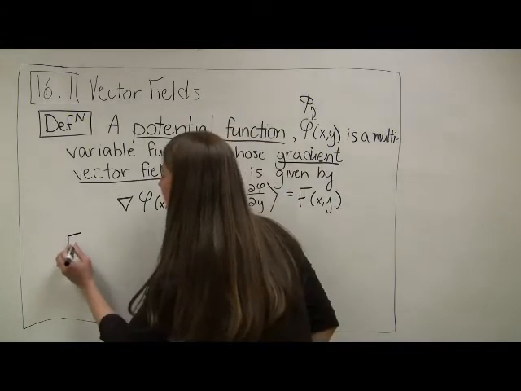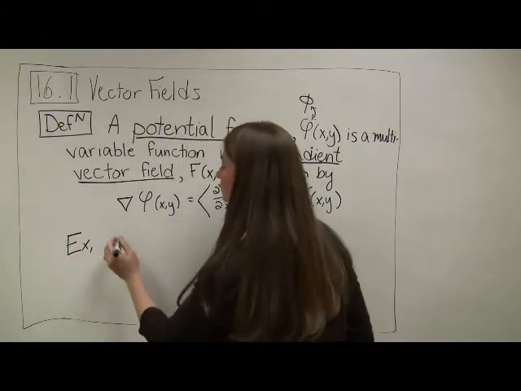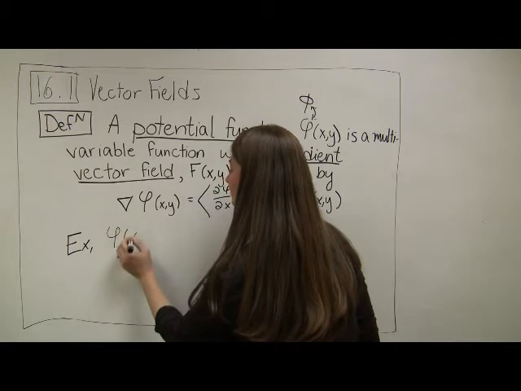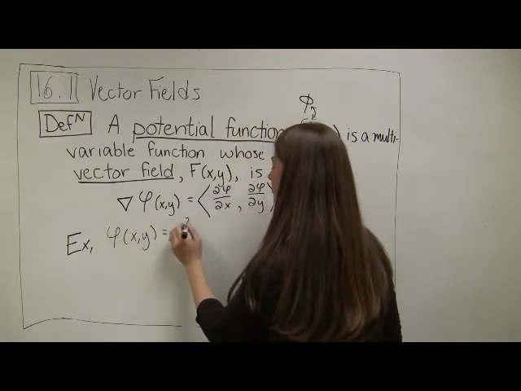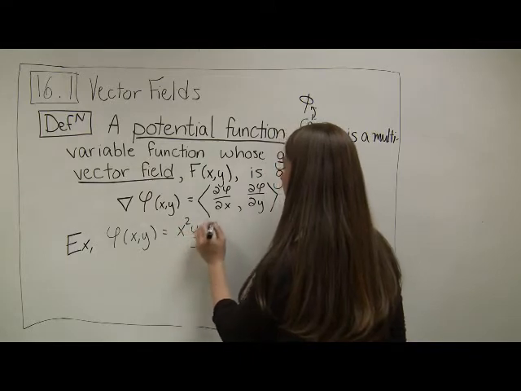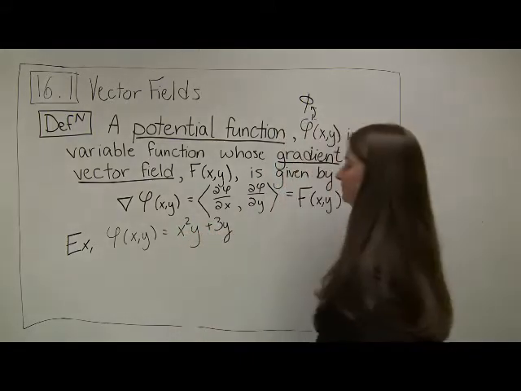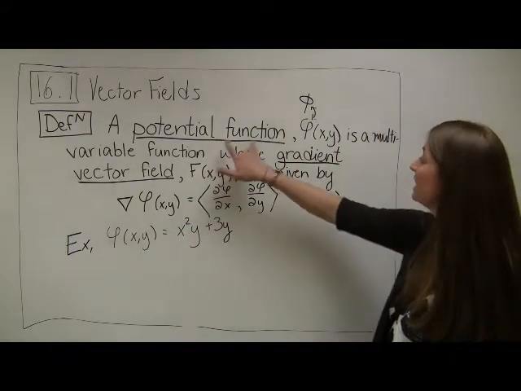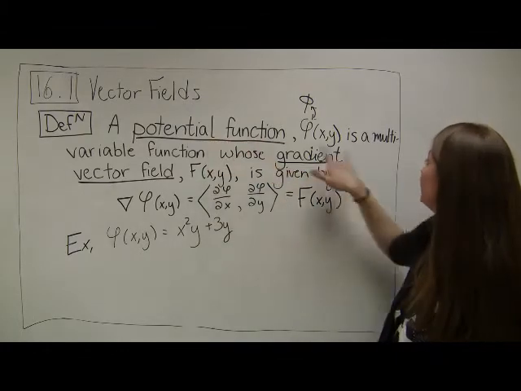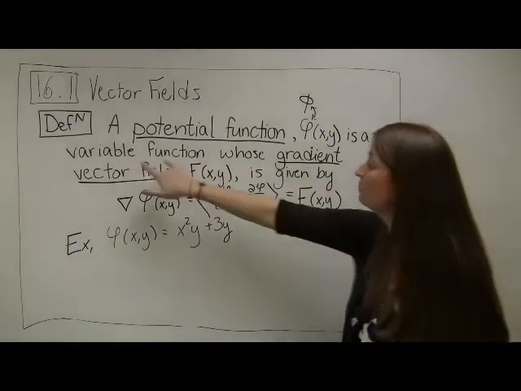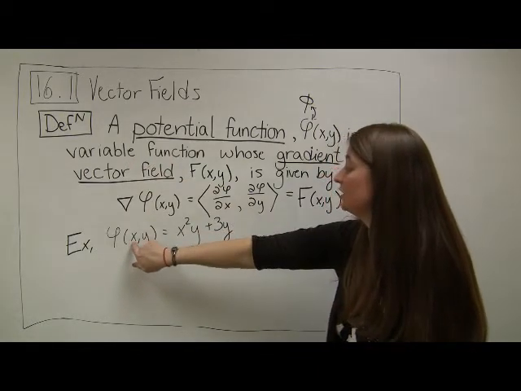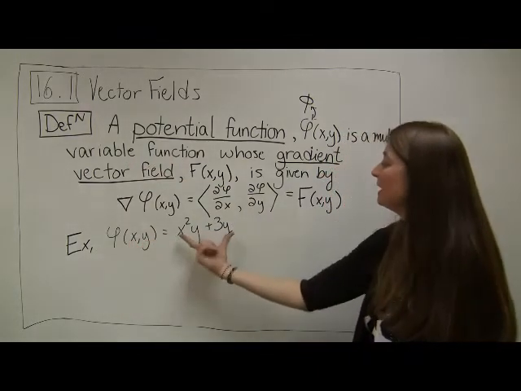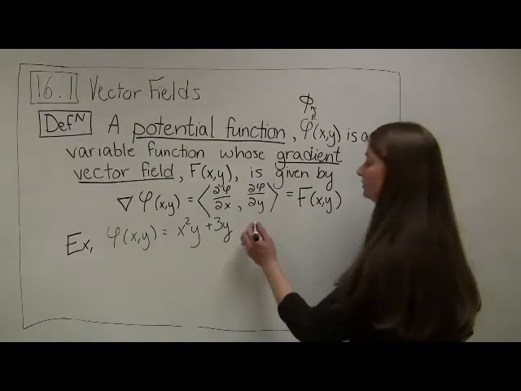So let's say that I have a potential function, phi of x y is equal to, let's say, x squared y plus 3y. And notice that in order for it to be a potential function by definition, typically we talk about multivariable functions. So in this case I have a two-variable function, I have a variable x and a variable y, and my output is not a vector.